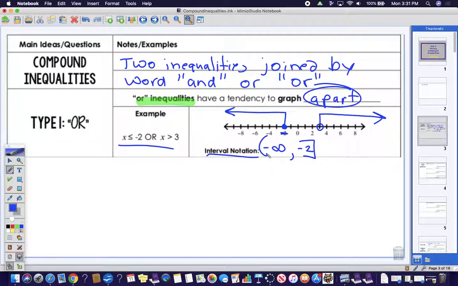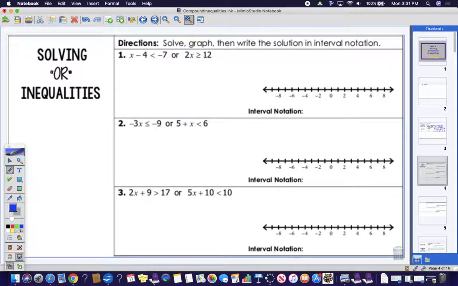The other graph, we put the word or between them because these two inequalities are joined by the word or. The other one has an open circle on 3 and flows to the right, so 3, comma, infinity, and then a parenthesis.